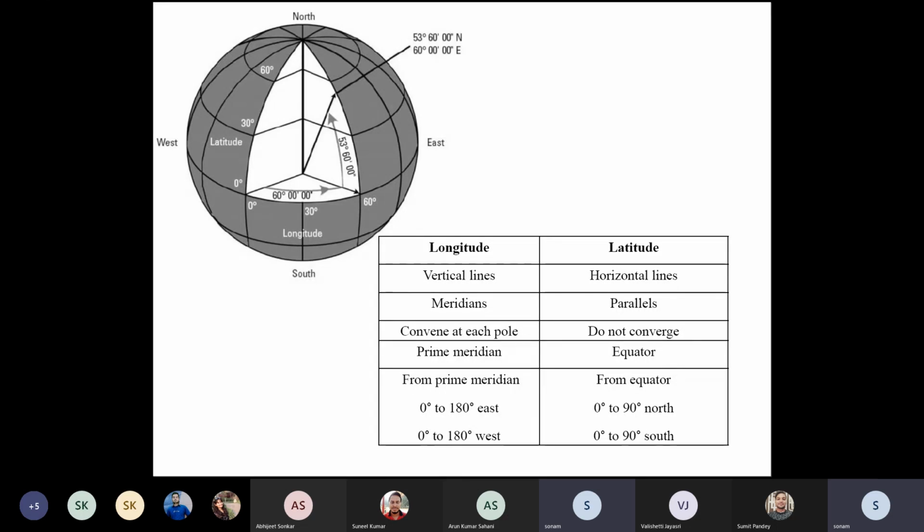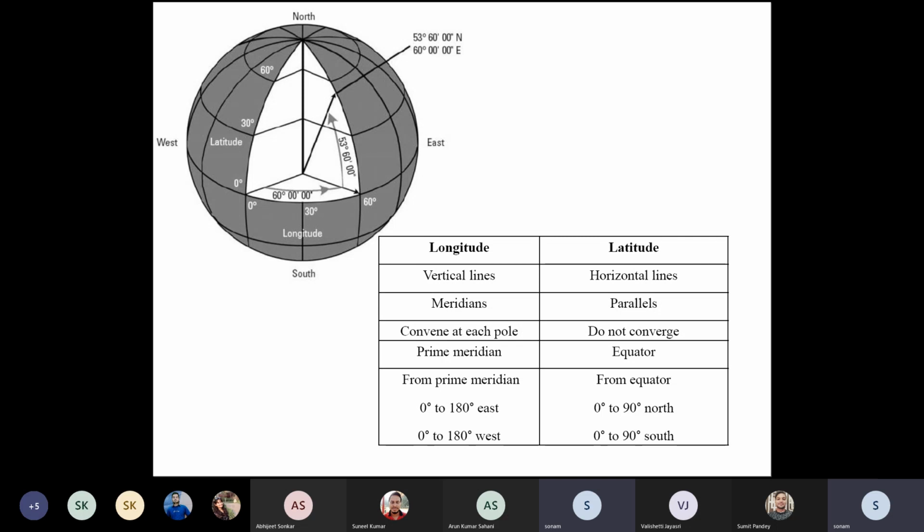So whenever you are making any measurement, earlier we have learned about datum, the mean sea level, the geoid, the ellipsoid. Whenever you are measuring the height, you need some reference surface, isn't it?